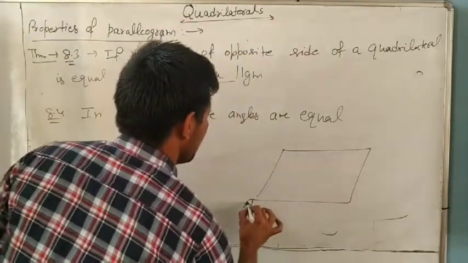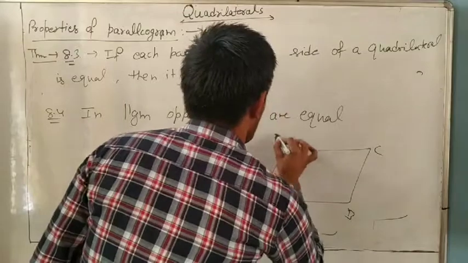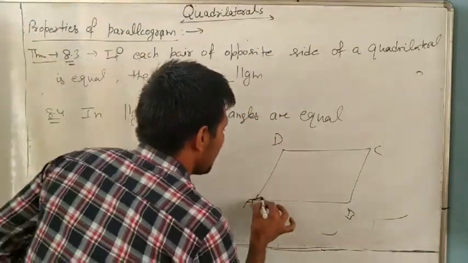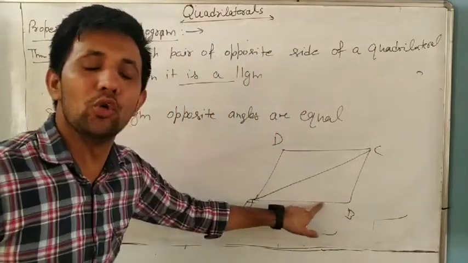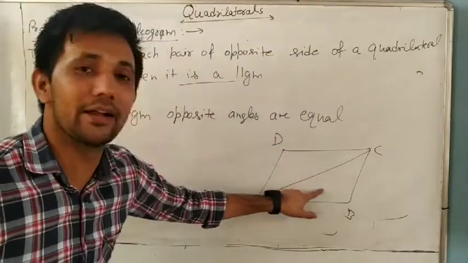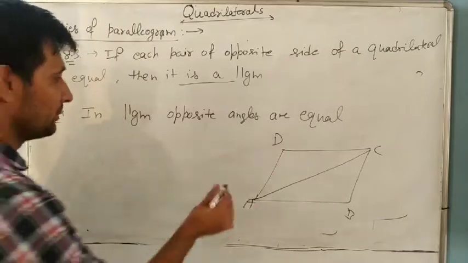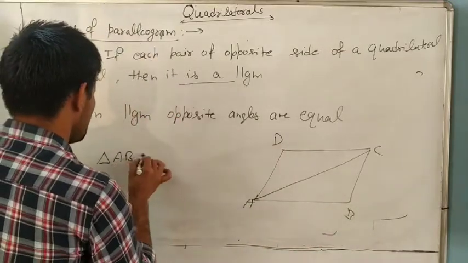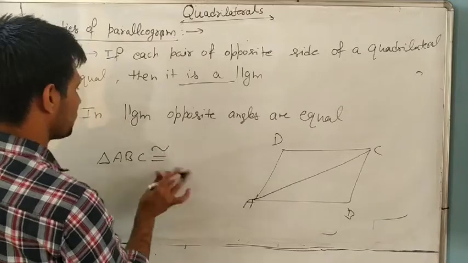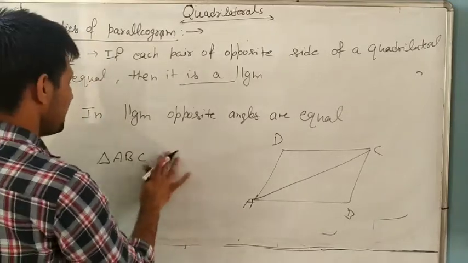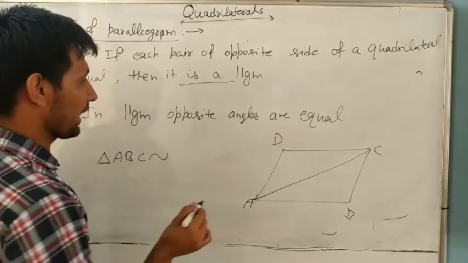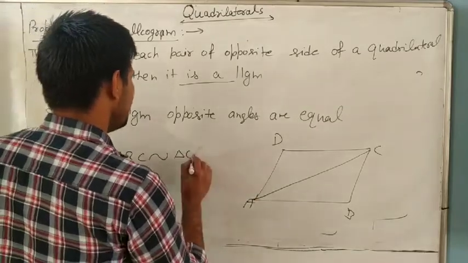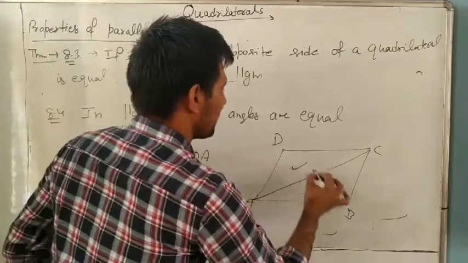Because we know if ABCD is a parallelogram, a diagonal of a parallelogram always divides it into two congruent triangles. We already proved that. So triangle ABC is congruent to triangle CDA. Everyone knows, in the first part we already proved these two triangles are congruent.